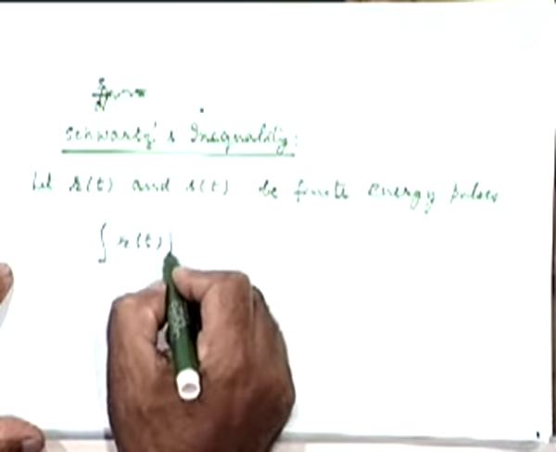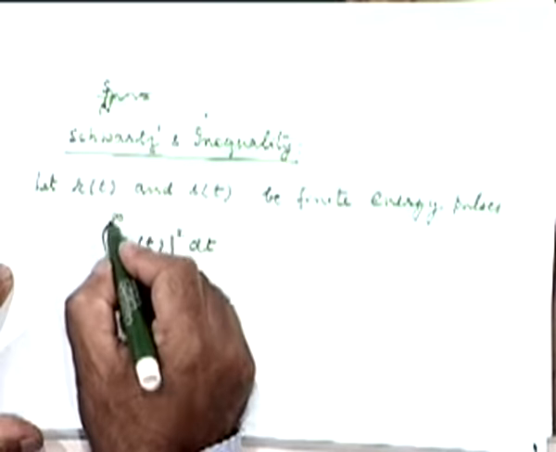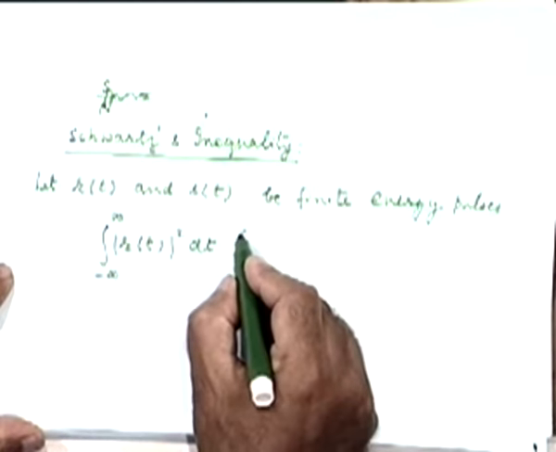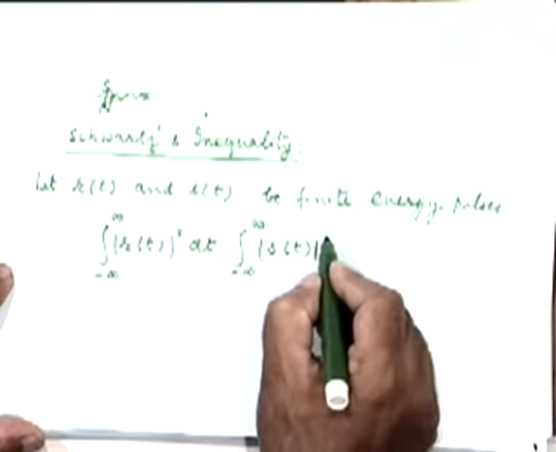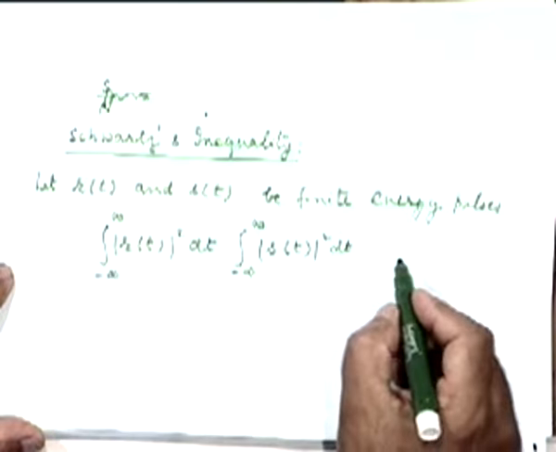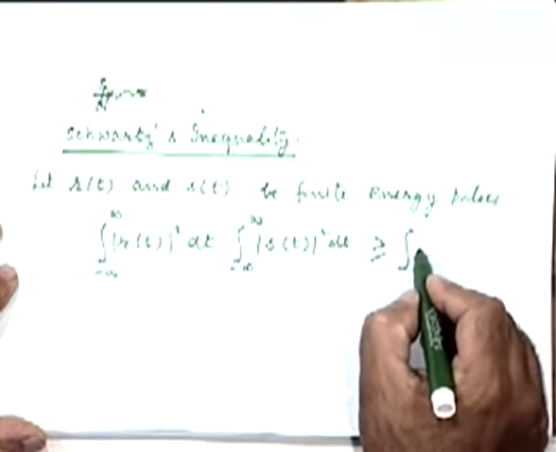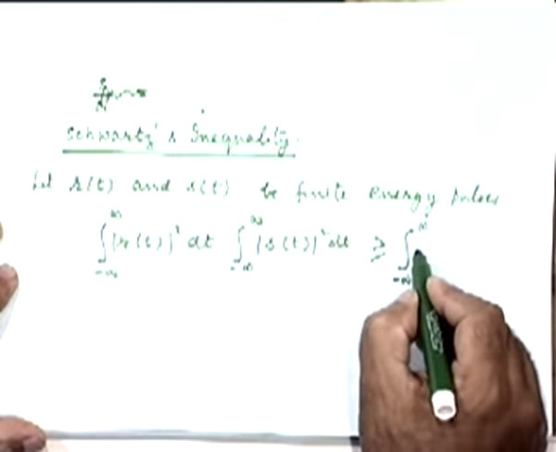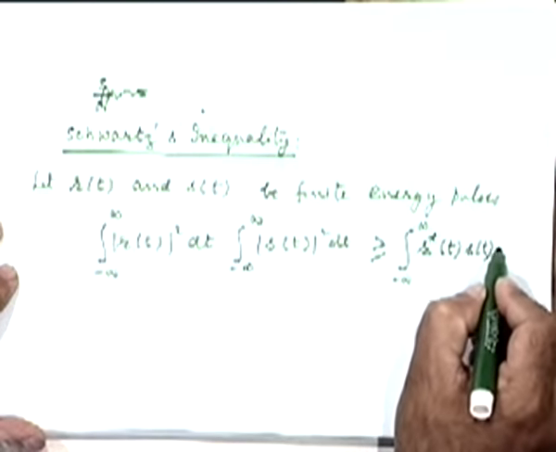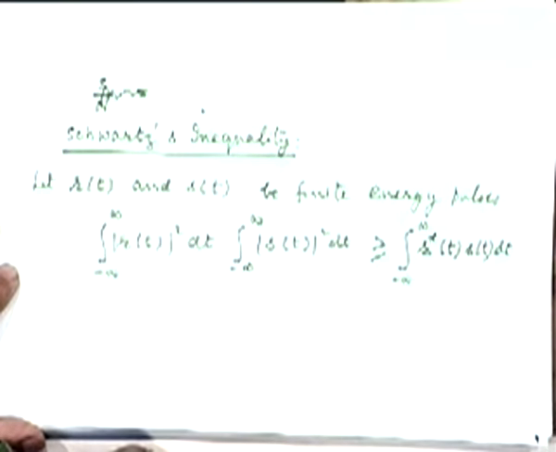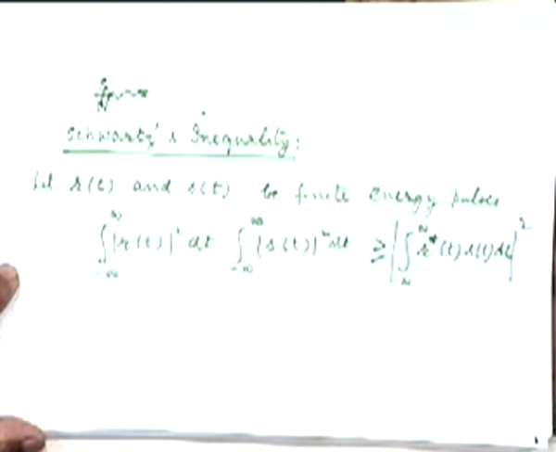Take magnitude of RT square, integral of this function with respect to t multiplied by mod ST square dt, integral of this. This product is always greater than or equal to the integral of r conjugate t st dt, whole square, mod square.